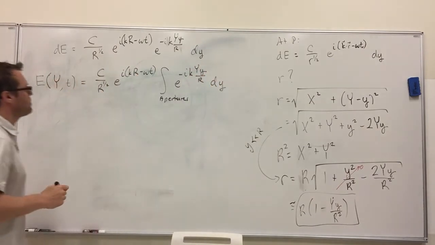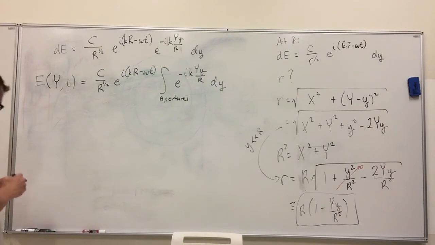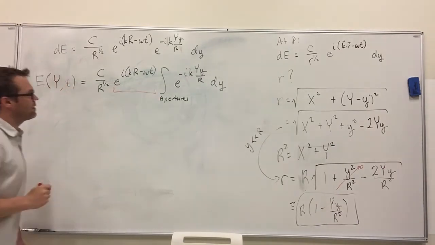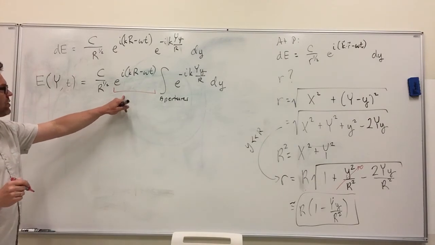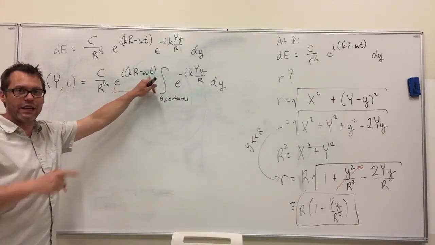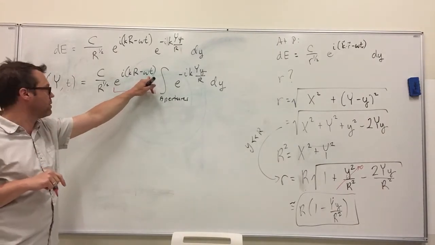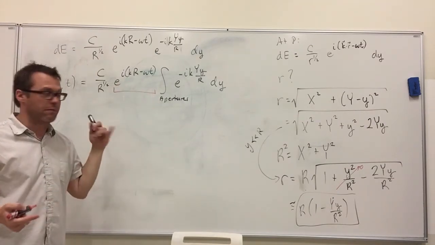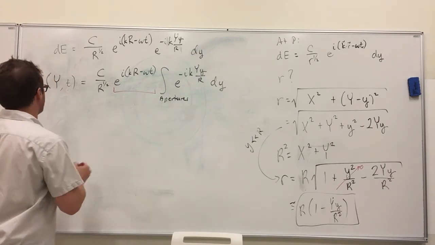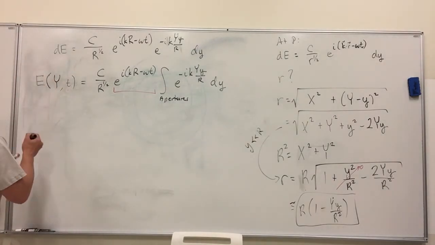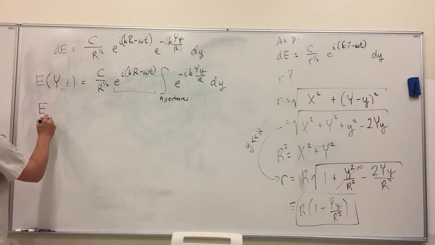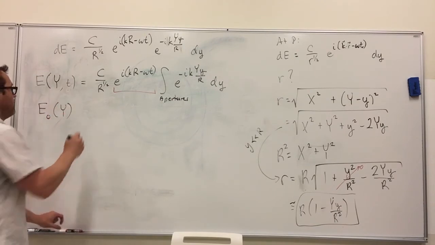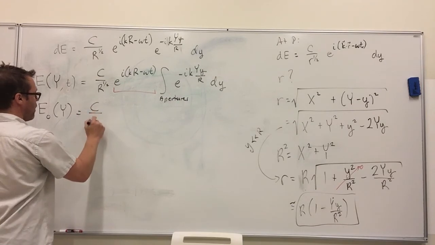All right? I would argue that this is not terribly interesting. This just describes the time oscillation of my electric field at a point big R away, which is at the location of my screen. So this is just the up-down oscillation. I can just as well only worry about the amplitude, so E0, which now is just going to be purely a function of y, to be C over R to the 1/2.